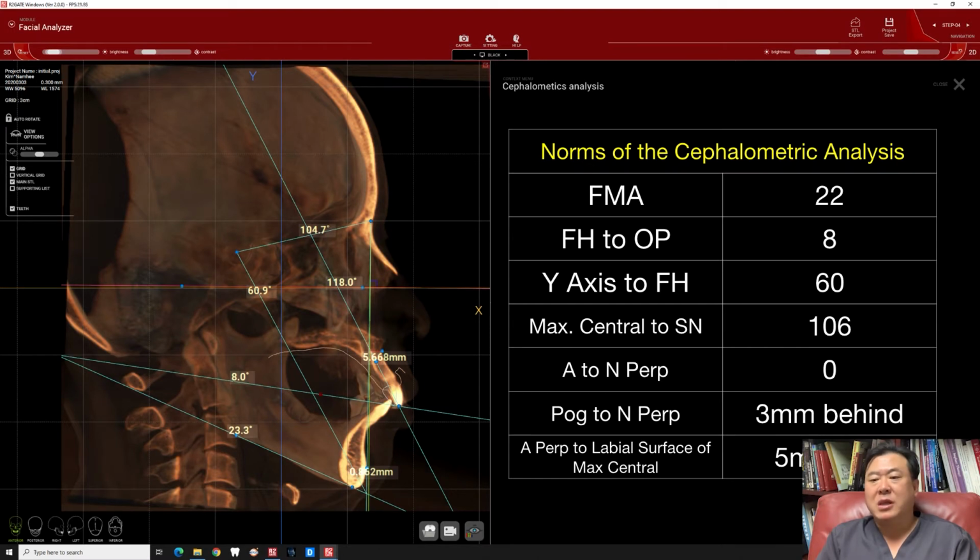After McNamara analysis, I found that her maxilla was about 5.6 millimeter prognathic, and her mandible showed very slight prognathism. This means with a little effort, I can create a beautiful smile for her and provide life-changing reconstruction.